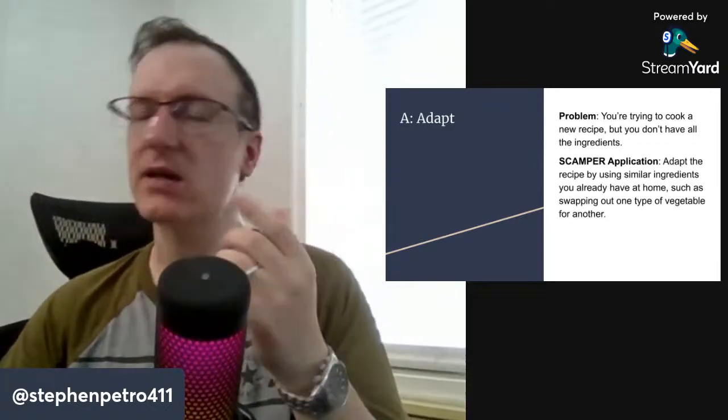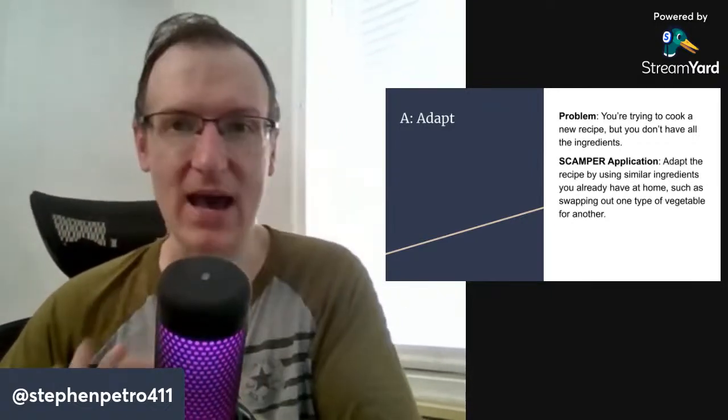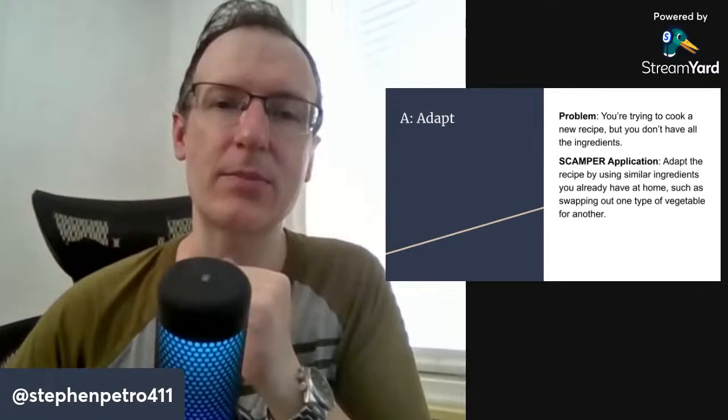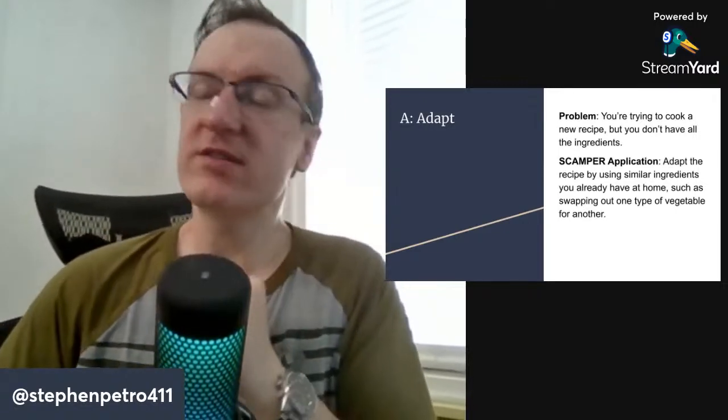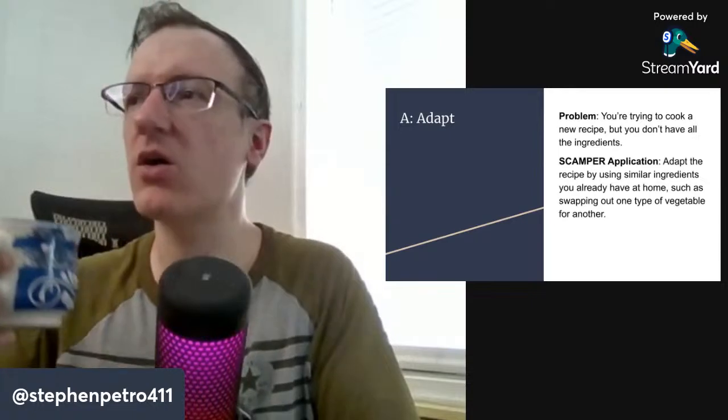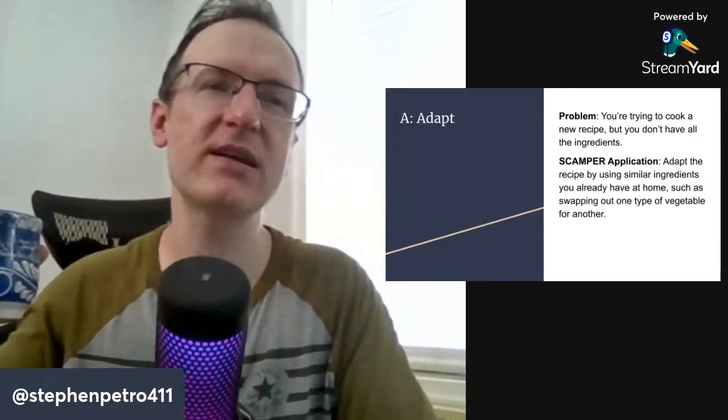So A in the SCAMPER method is adapt. A stands for adapt. For instance, here's something that people always struggle with too, right? You say, "Oh, I'm trying to eat healthy, but this is too tempting and that's too tempting."